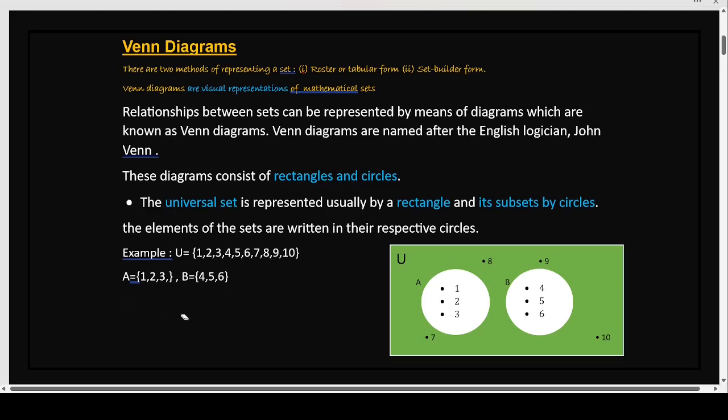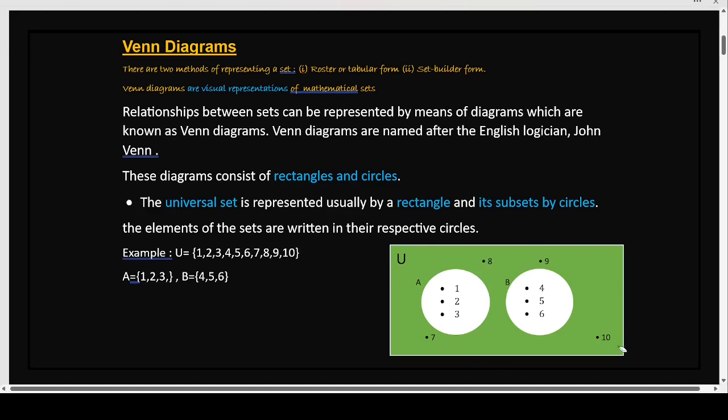Set A consists of the elements 1, 2, 3, and set B consists of 4, 5, 6. These sets are represented in circles. As you see, set A has 1, 2, 3, and set B has 4, 5, 6. The remaining elements 7, 8, 9, 10 are outside these circles but within the rectangle.